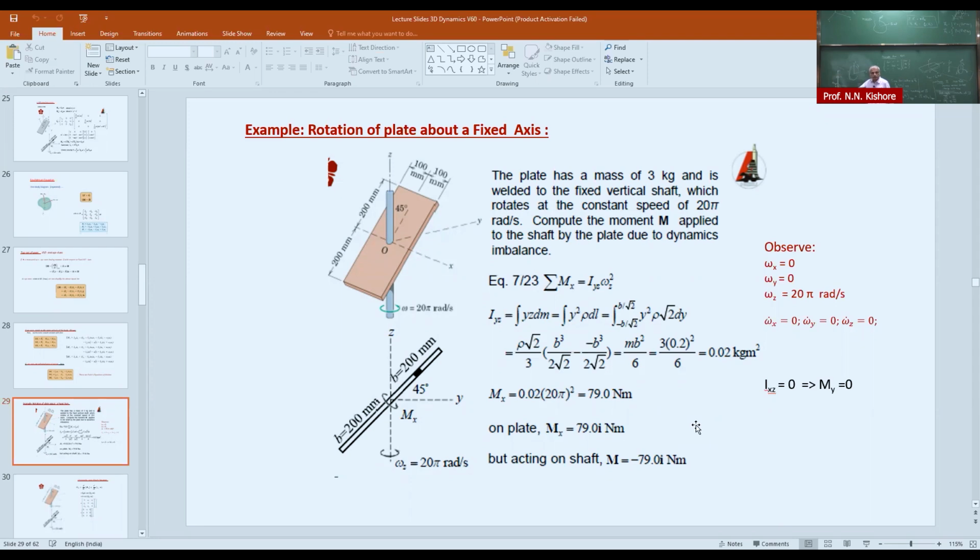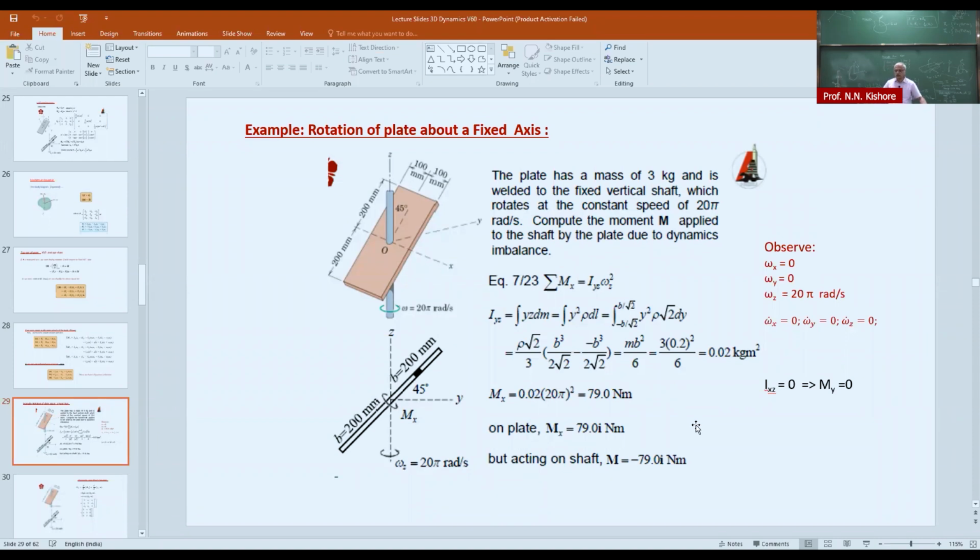By some moments at A and B, but it should be free to rotate. Remember, this is rotating. So how do you generate a moment Mx? This is your old first few classes of statics. How do we generate a moment Mx here, because we have only A and B as bearings?